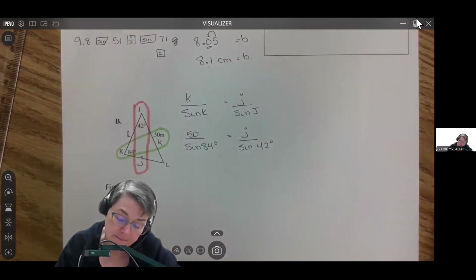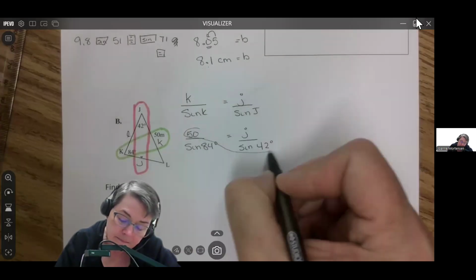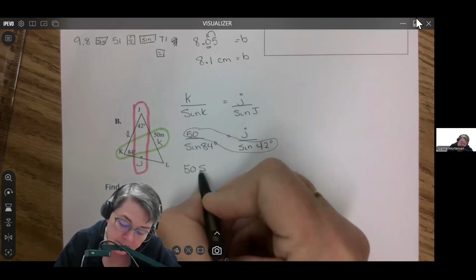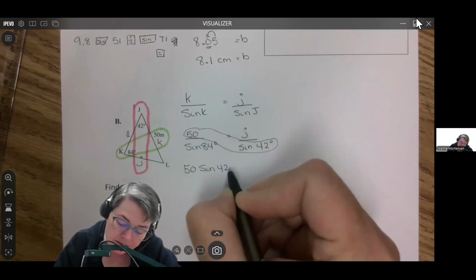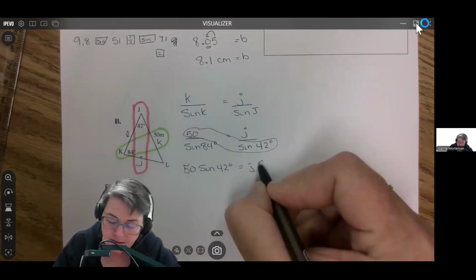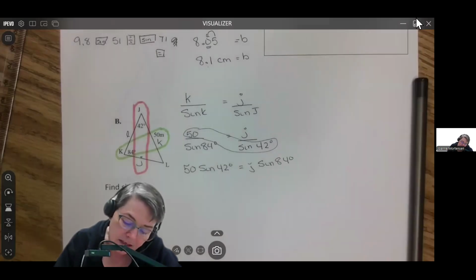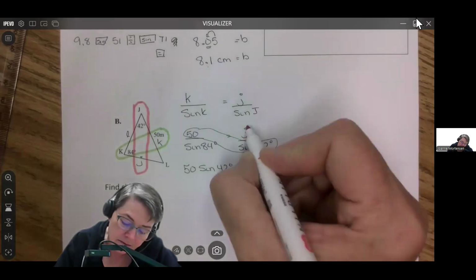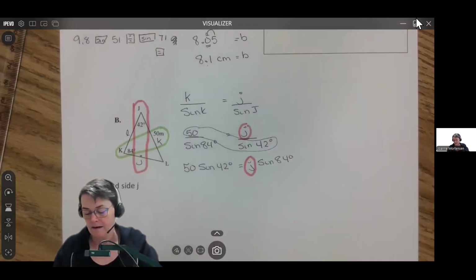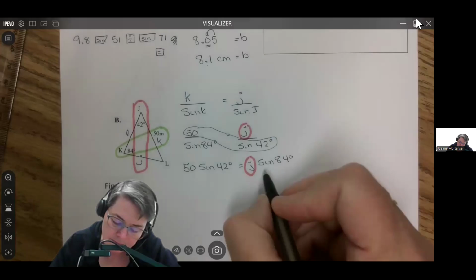All right, so cross multiply. 50 sine 42 degrees is equal to j sine 84 degrees. So I'm looking, this is my unknown. So I need to get rid of this sine 84.